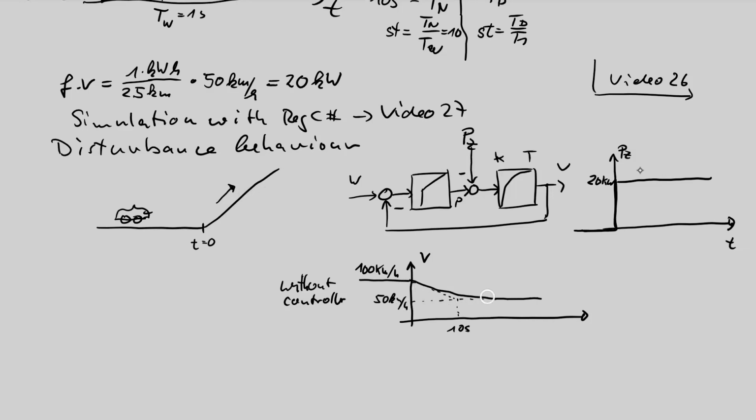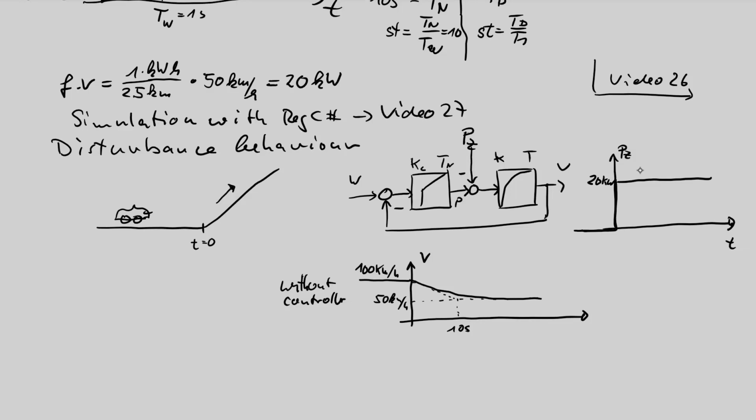So the speed goes down to 50 kilometers per hour without controller. And we want to analyze now what happens if our controller is active with our KC is 4 and our TN 10 seconds. What is the reaction of my speed in this situation if we have a controller?